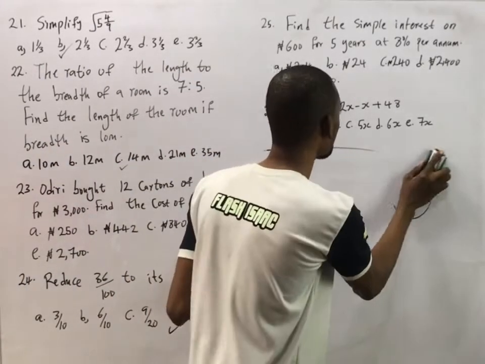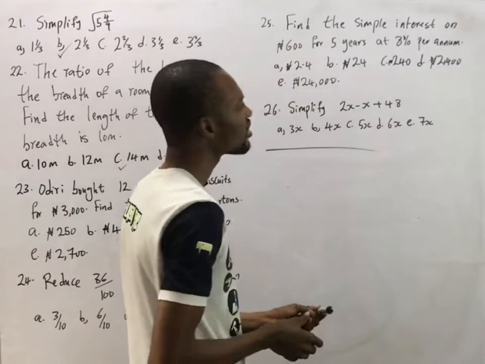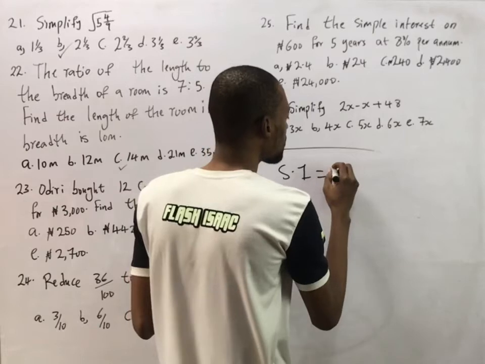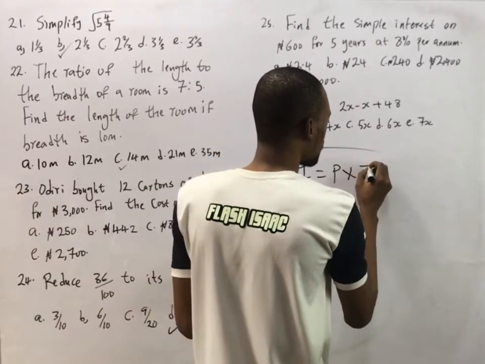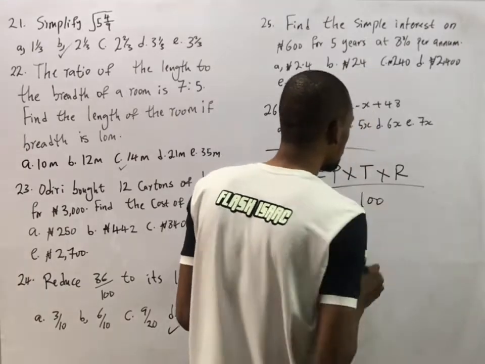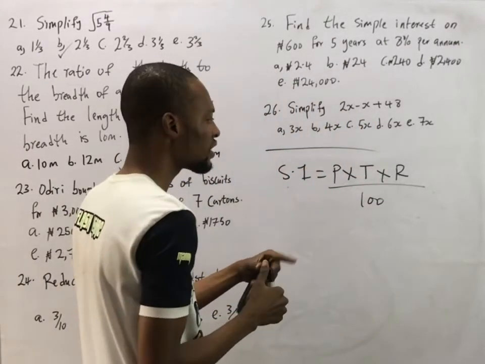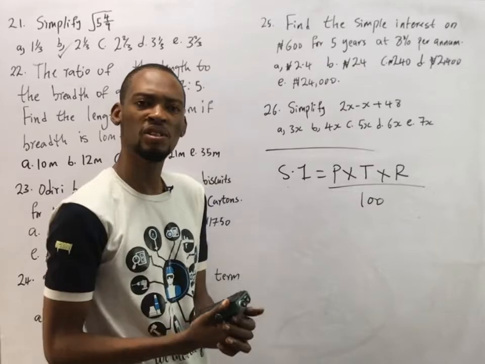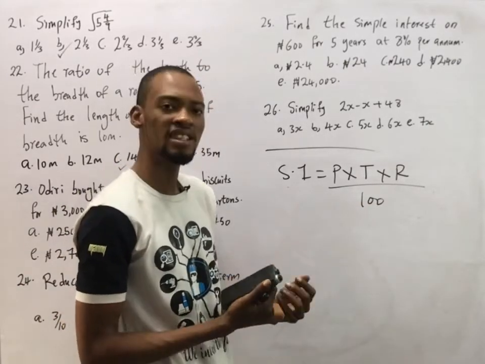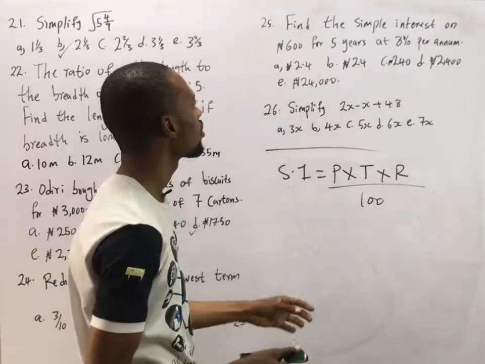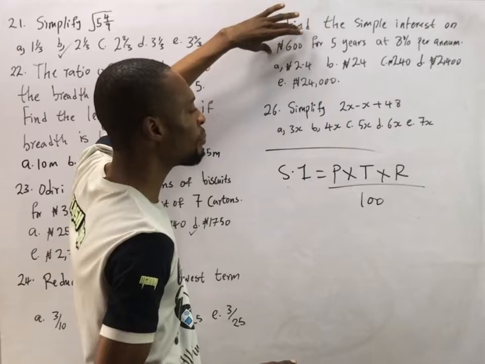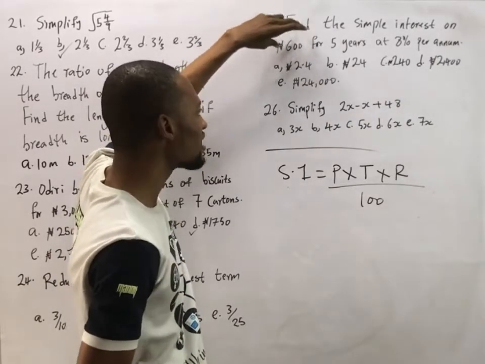25 says we should find the simple interest. Simple interest is simply the principal times time times rate, all over 100. The principal is the amount invested, while the time is the period you are given. Then rate is the percentage you are paying back, the interest. So they say find the simple interest on 600 naira. So 600 naira is the amount invested. That is the principal.